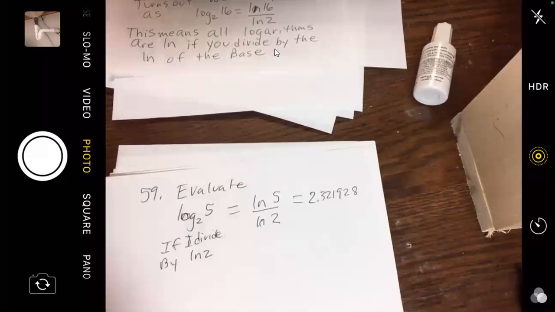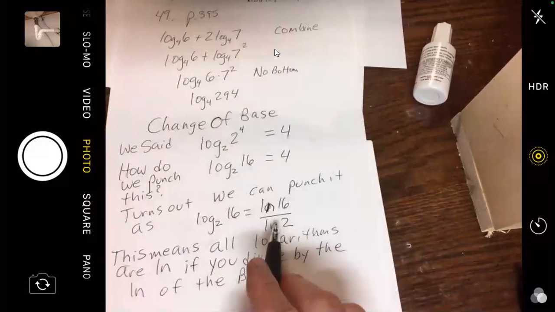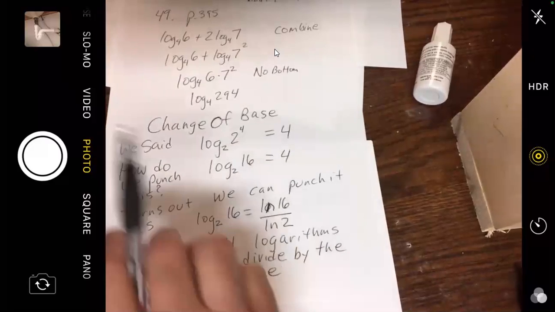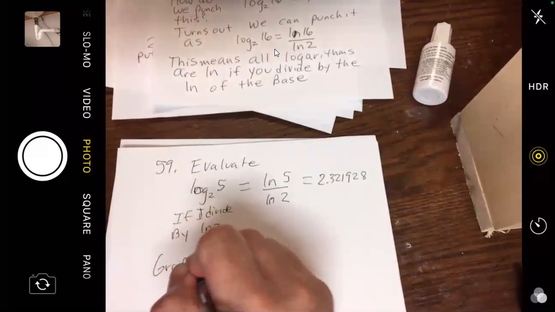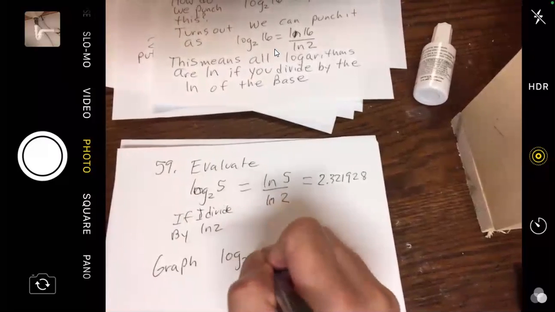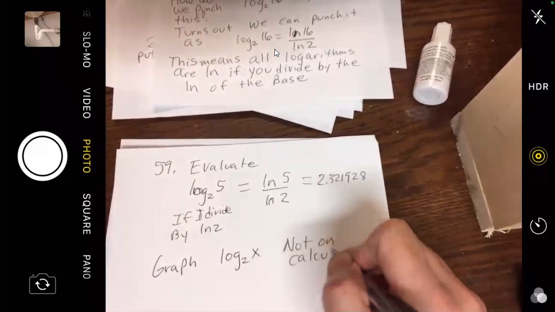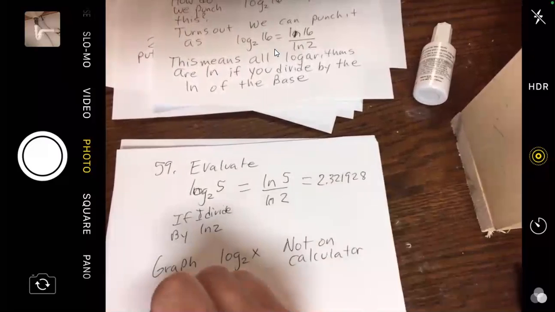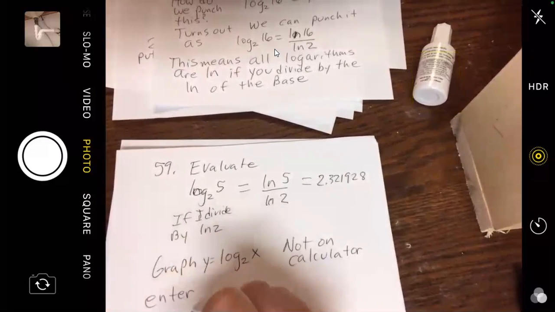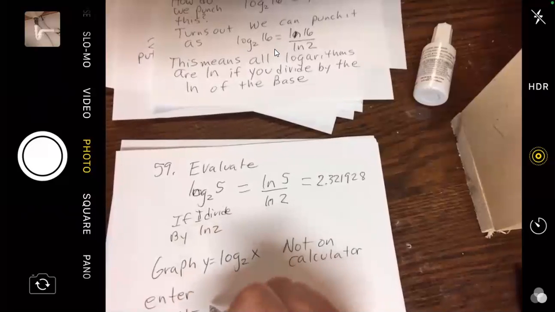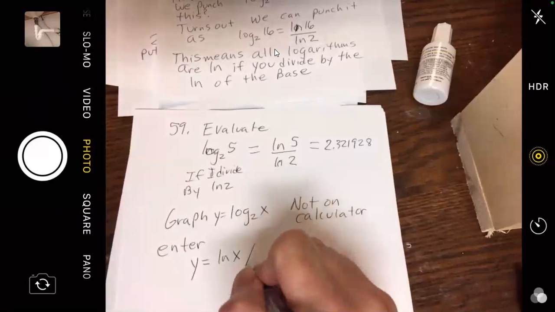You can check with the back of the book, and you can also believe what we've shown you here. You can punch all logs as ln. By the way, this is how you graph. If I wanted to graph, say, log base 2 of x, which is not on the calculator, I would enter in the y equals menu, ln of x divided by ln of 2.